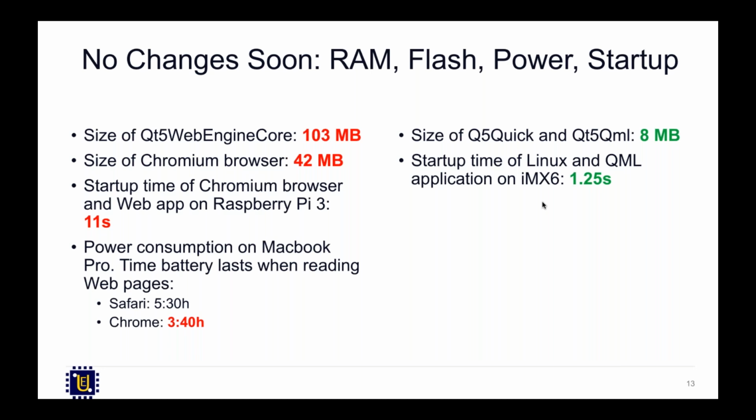In this time you can start up the complete Linux system with a QML application on an IMX6 about 9 times. It takes 1.25 seconds to start Linux and your QML application on a less powerful SOC than the Raspberry Pi 3. It's quite amazing.